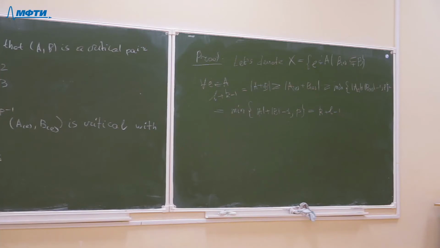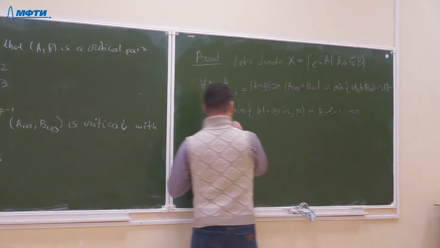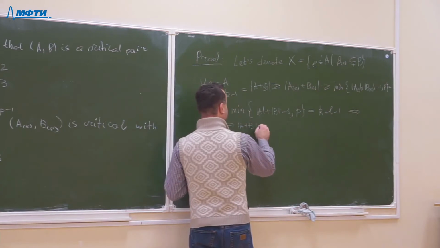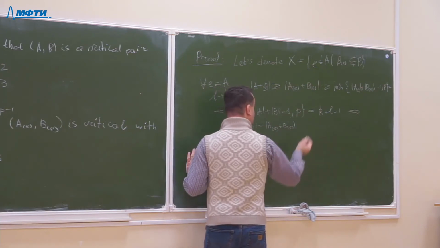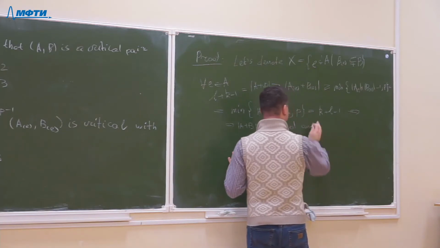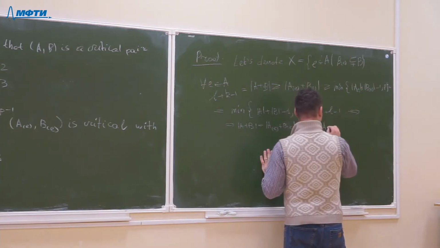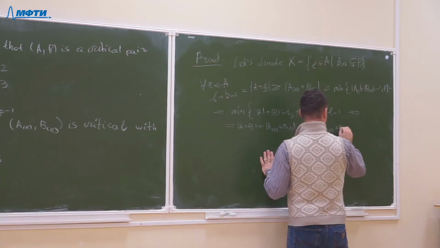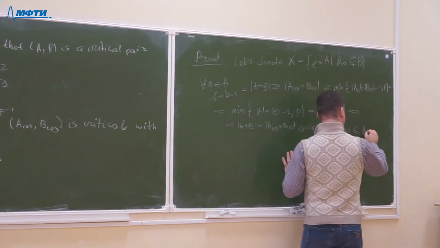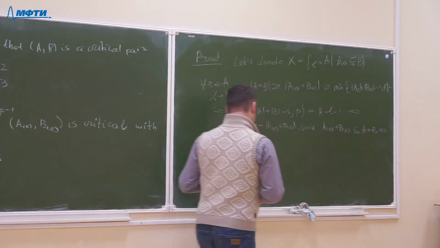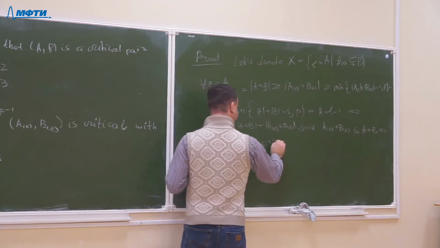All right. Well, so which means that the cardinality of AE plus B equals the cardinality of A plus B. And also this means that since AE plus B is a subset of A plus B, this means that AE plus B equals A plus B, right?